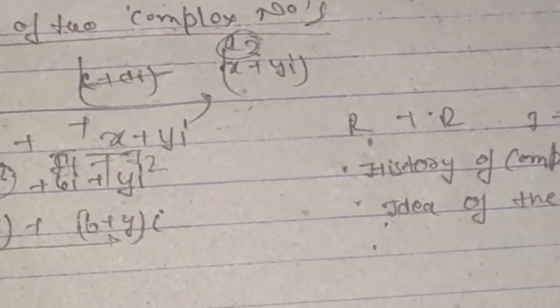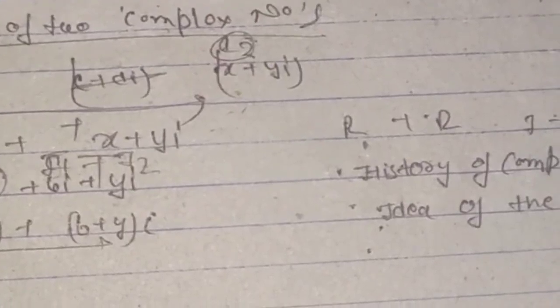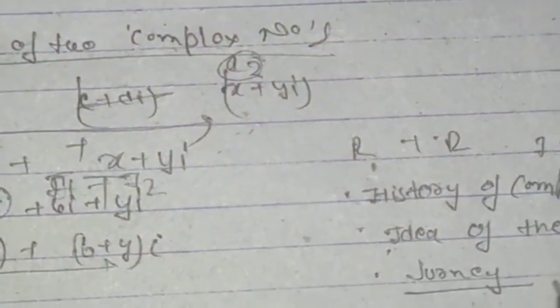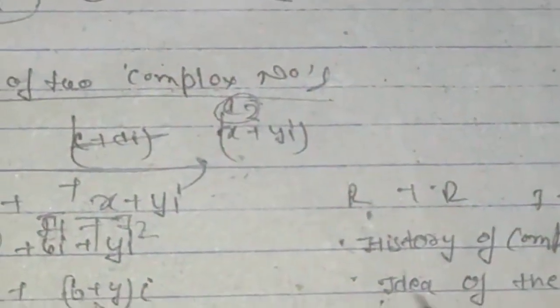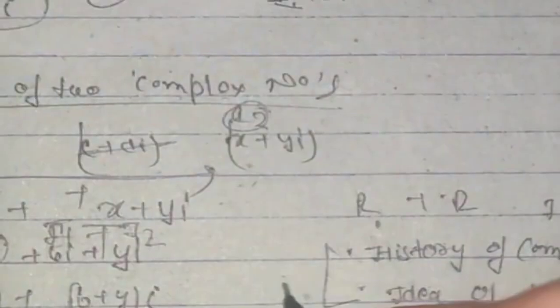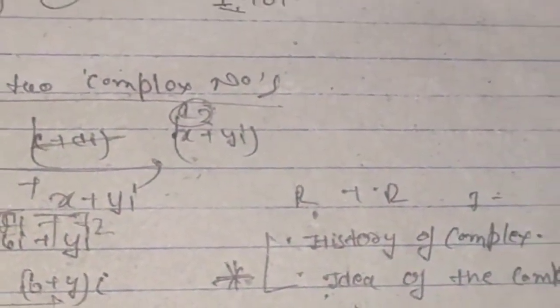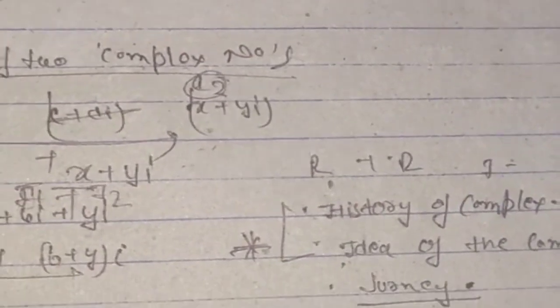What is this thought? And then the journey of this. What is the journey to make a complex number? But this is not that important, but this is more important. This is also more important. So the idea, means how the idea has come.